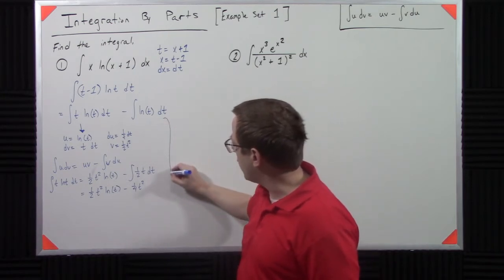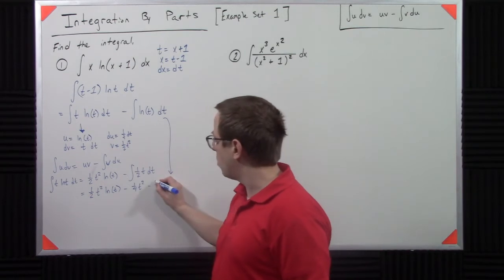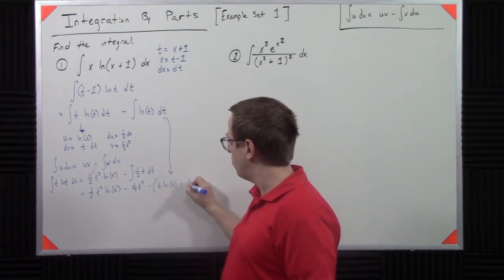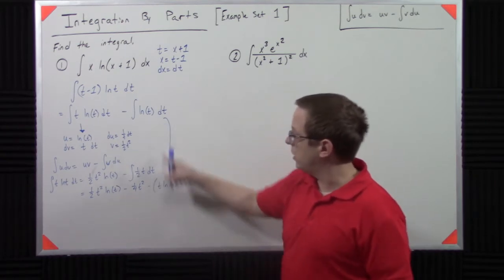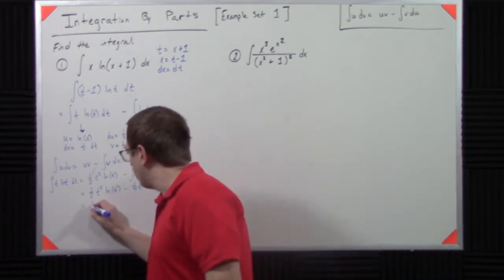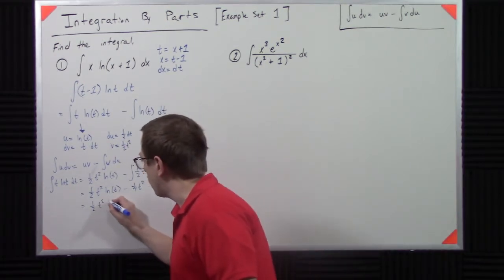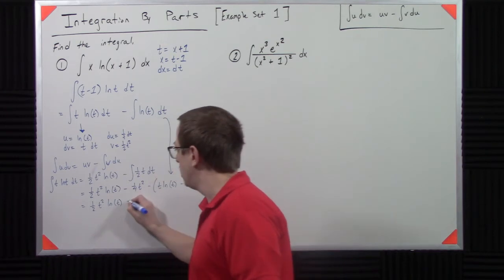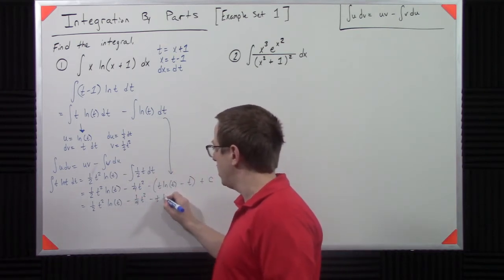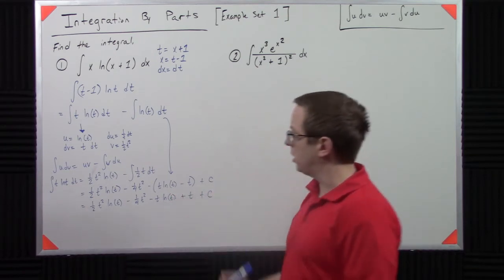So now I need to bring that down. The antiderivative of natural log of t is t natural log of t minus t. That's just the standard antiderivative here. So we get a plus c. So 1/2 t squared natural log of t minus 1/4 t squared minus t natural log of t plus t plus c.